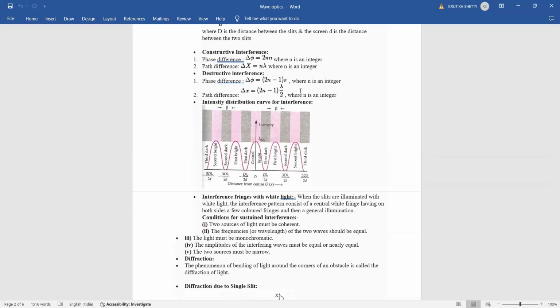In destructive interference, crest and trough fall on each other.